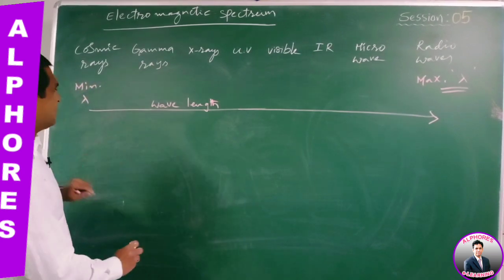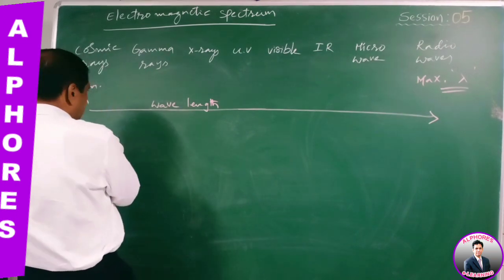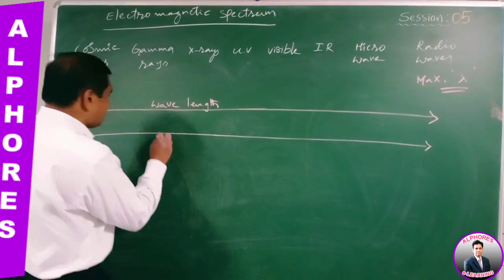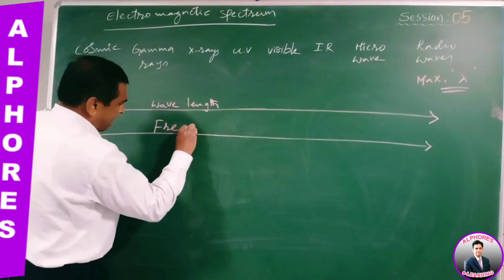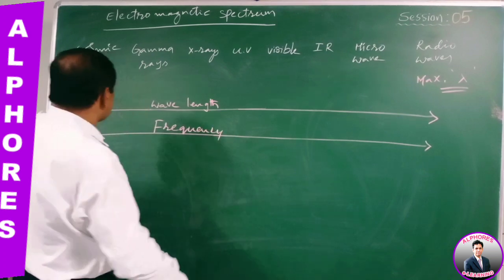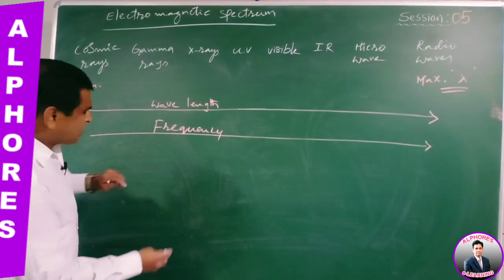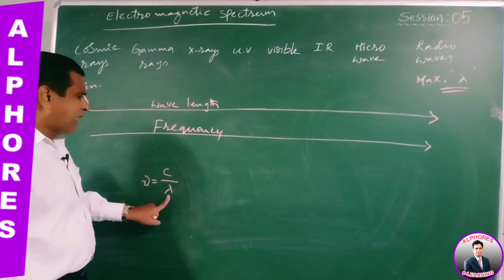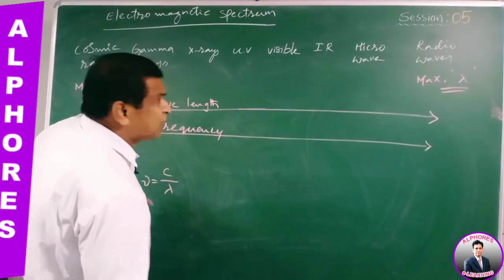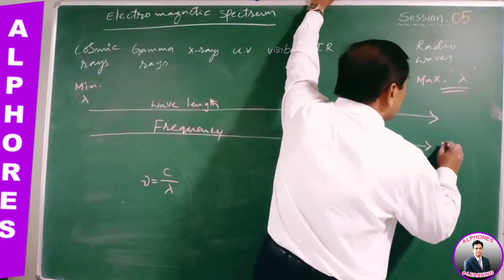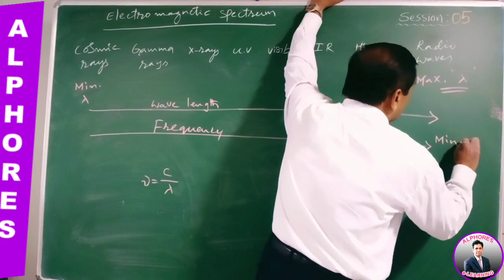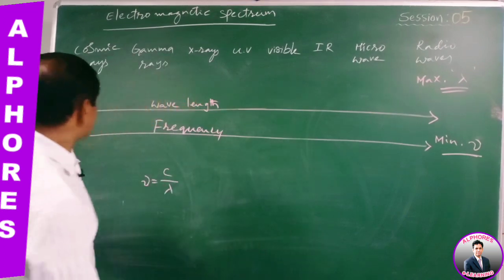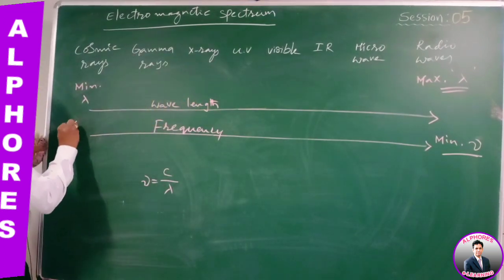That is wavelength. Now when you say frequency of these electromagnetic radiations, as we know that nu is equal to c by lambda, when wavelength is maximum, frequency will be minimum. Therefore radio waves possess minimum frequency, whereas cosmic rays possess maximum frequency.